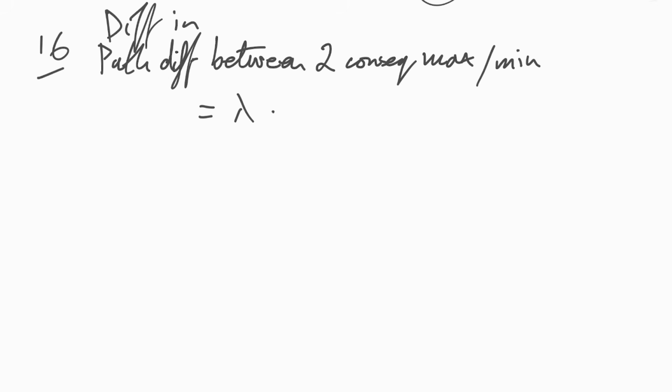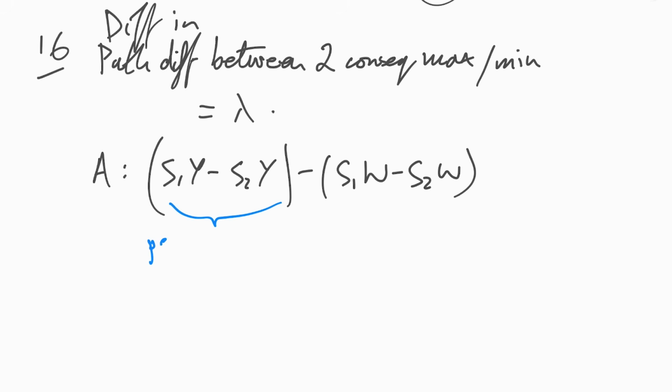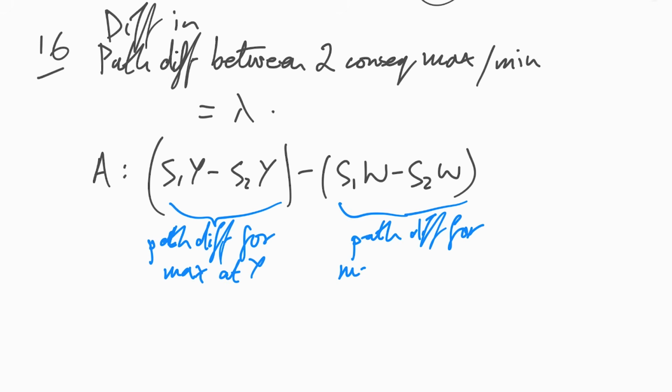S1Y minus S2Y, Y to W. Yeah, that looks right, doesn't it? Because A is, let's write it out. So this is the path difference for max at W. And therefore they have to be one wavelength apart. So that makes sense. Yeah, easy.